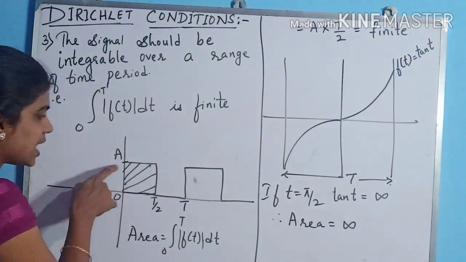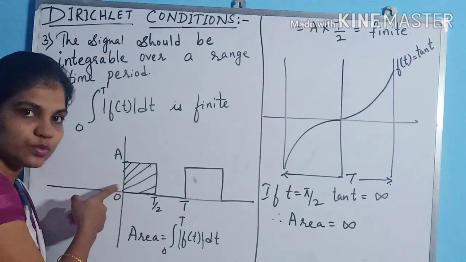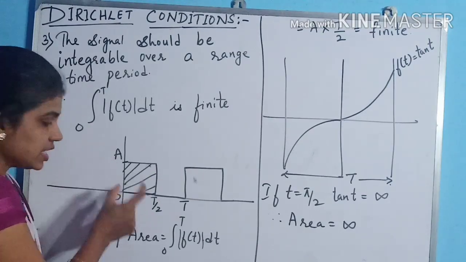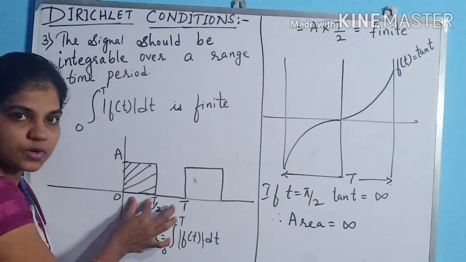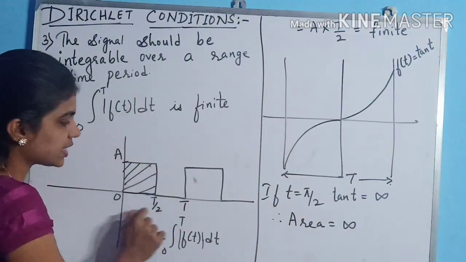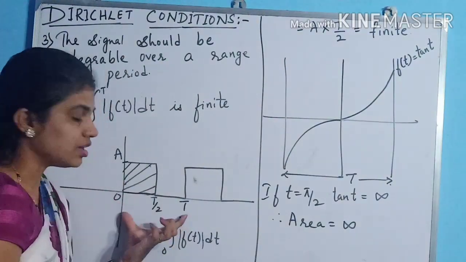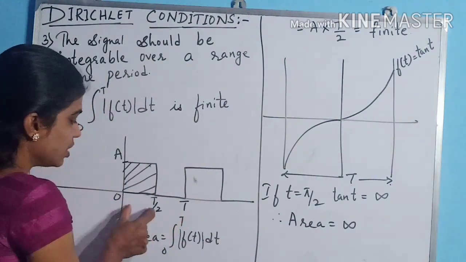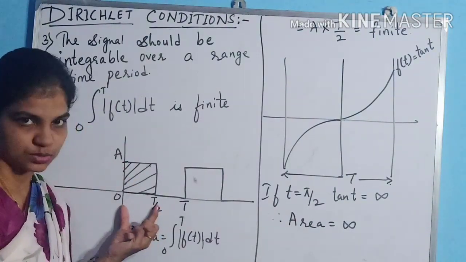Suppose I take the height of this rectangular wave to be A. This time period is t by 2. So the area of the half cycle of the rectangular wave in the half time period is A into t by 2.